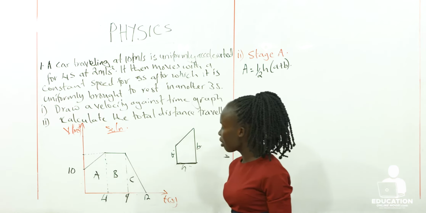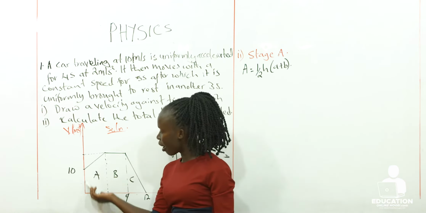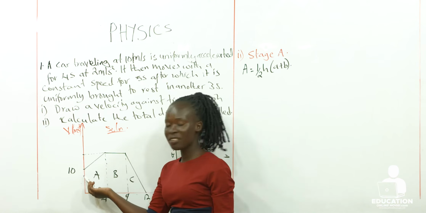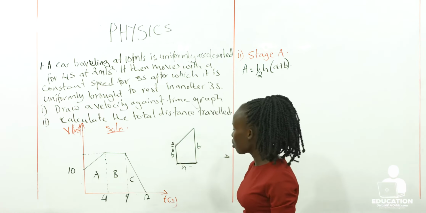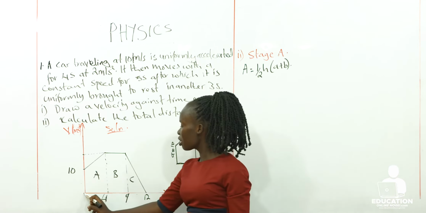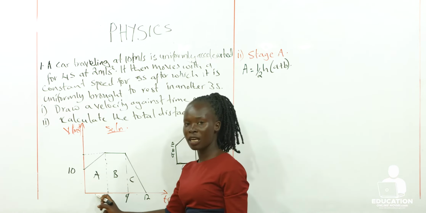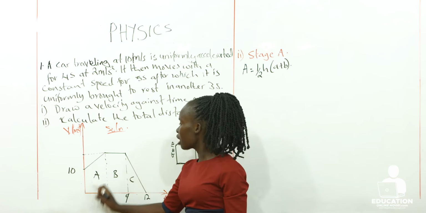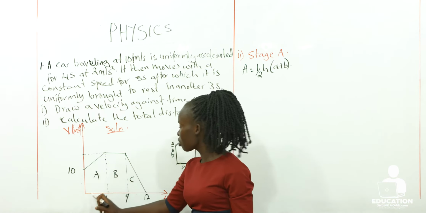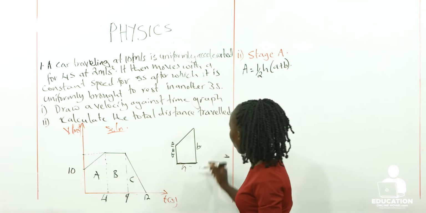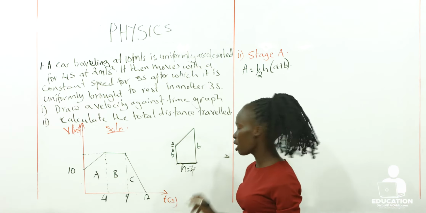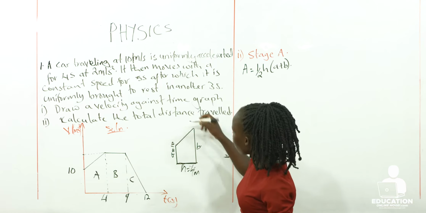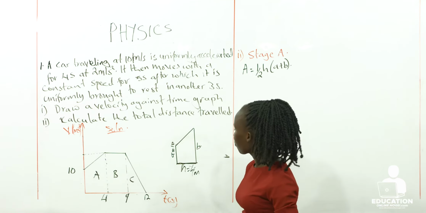If you check, we already have our A. What is the A? A is from this point up to here, which is 10. That means our A is equal to 10. What of the height? It is the time interval taken for the body to accelerate up to when it attained the uniform velocity. So our height is equal to 4 meters. So what of the B?